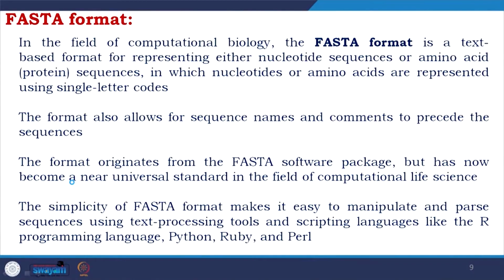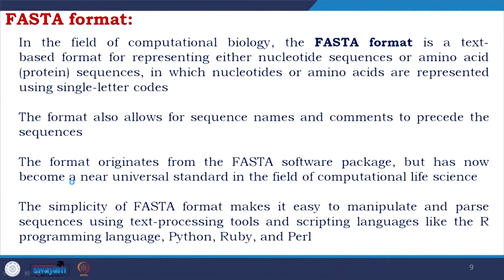What is the reason? The simplicity of the FASTA format makes it easy to manipulate and parse sequences. A parser is a kind of program which extracts information. So, when you want to extract sequence information and the information is in FASTA format, it is easy.